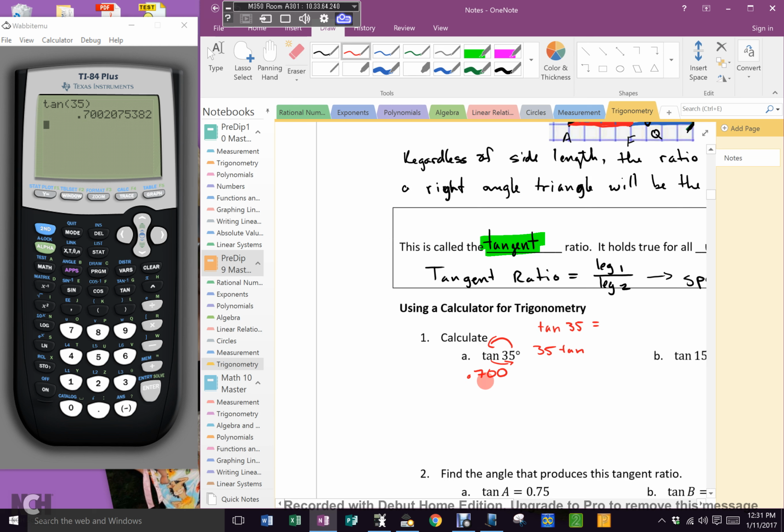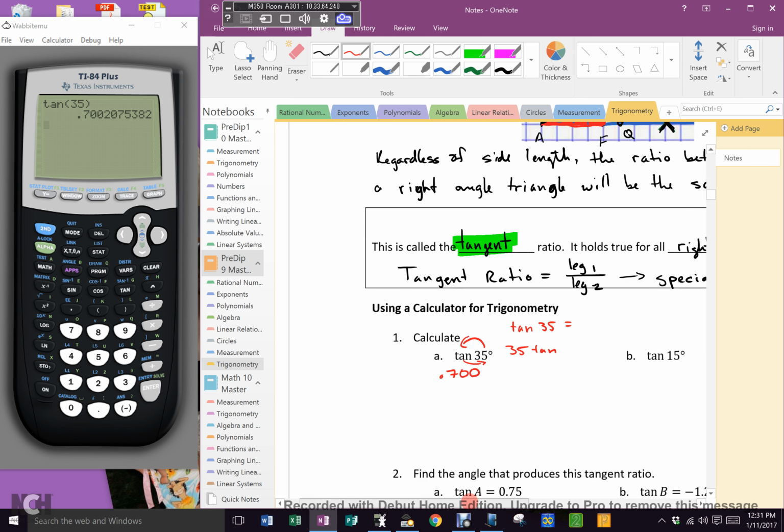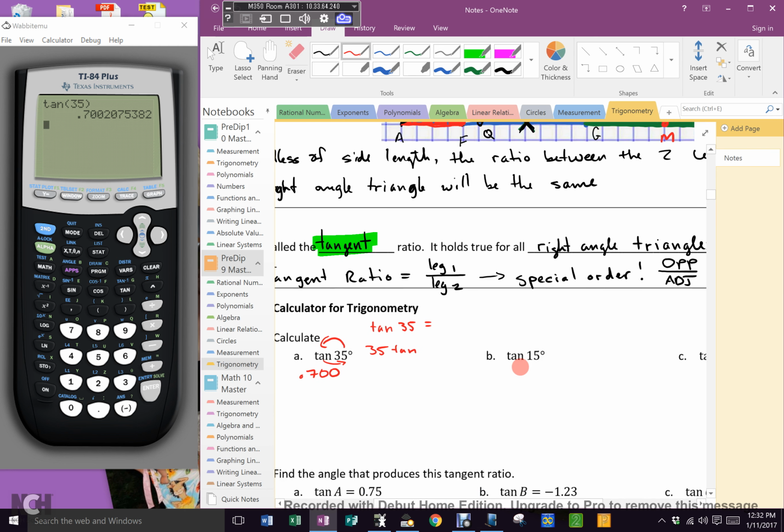Okay, so what does that tell us? 0.700, right? That means I went up about 7 and I went that way about 10. Does everybody understand? Okay, so you guys tell me what the tan of 15 is. 0.268.